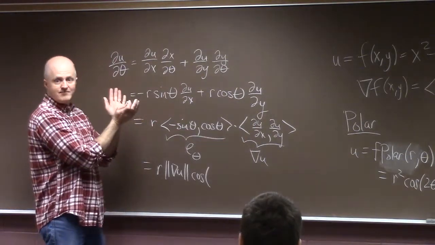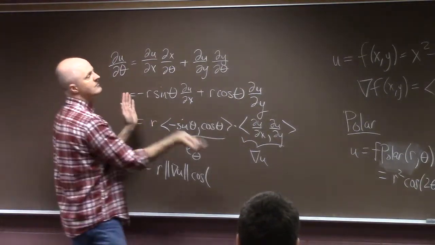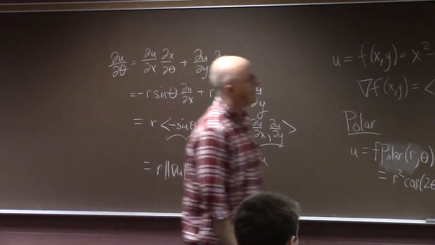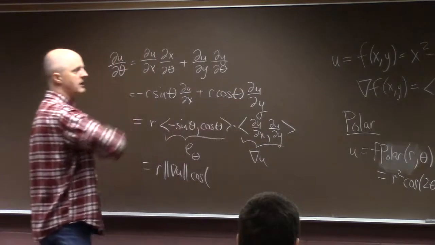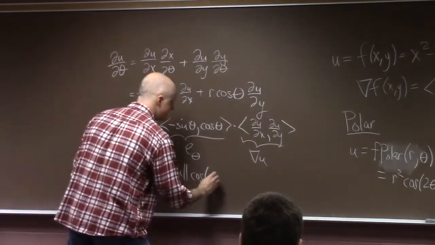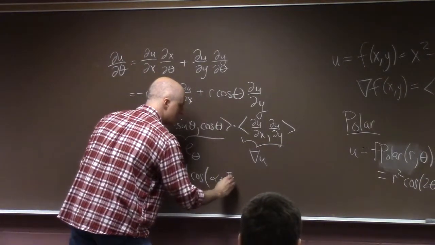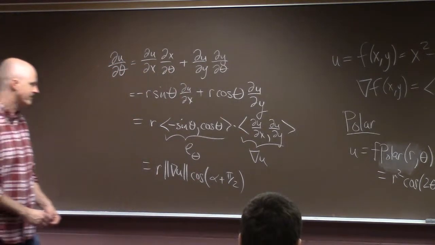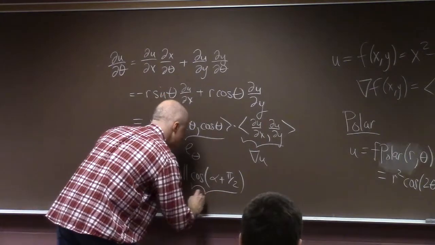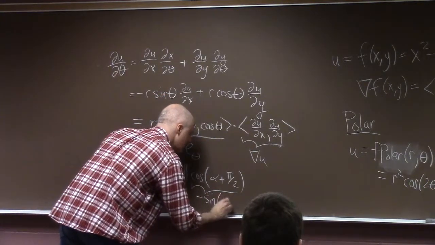E theta is 90 degrees rotated counterclockwise from E r, and that works no matter where you are, so I can replace the alpha with alpha plus pi over 2. Which, by the way, is the same as the negative of the sine of alpha.